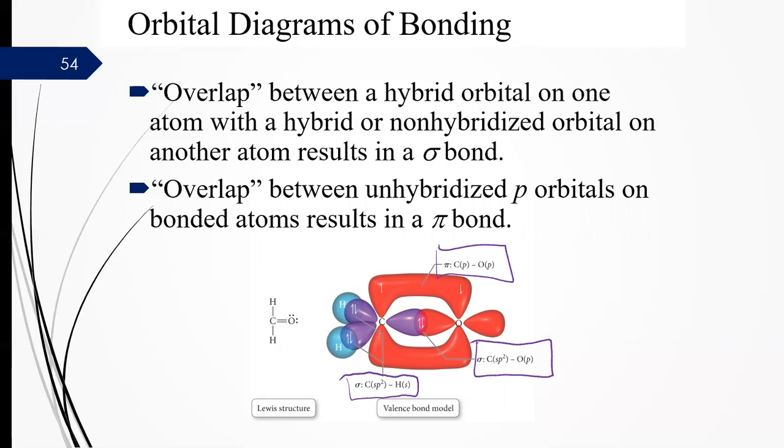And that's going to be the unhybridized carbon with the unhybridized oxygen. So the overlap between a hybridized orbital and one atom will always result in the sigma. More than one bond is when we're going to form these unhybridized p orbital overlaps, which is going to give us our pi.